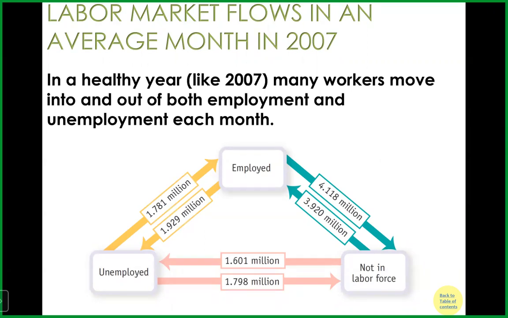You may think about our world like, okay, there are 3 islands in the United States, and you are free to move from one island to the other. What are those 3 islands? On island number 1, everyone who is employed lives. Everyone who is unemployed is going to move to this island. And everyone who decides not to look for a job is going to be on this island.